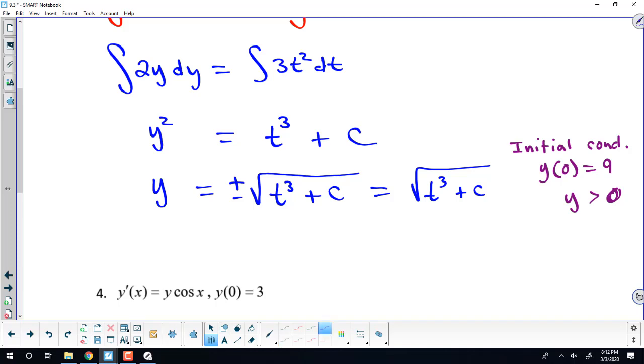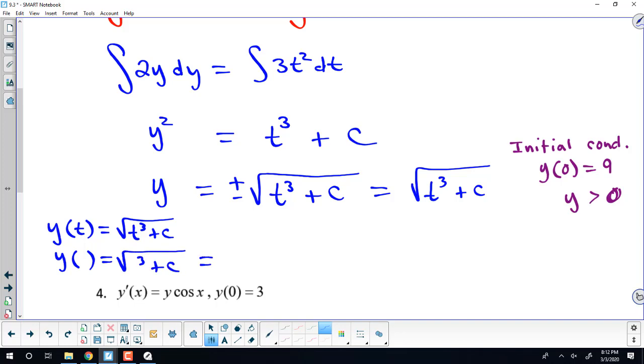We have our y as a function of t, the square root of t cubed plus c. And we know y evaluated at 0 is going to give us 9.